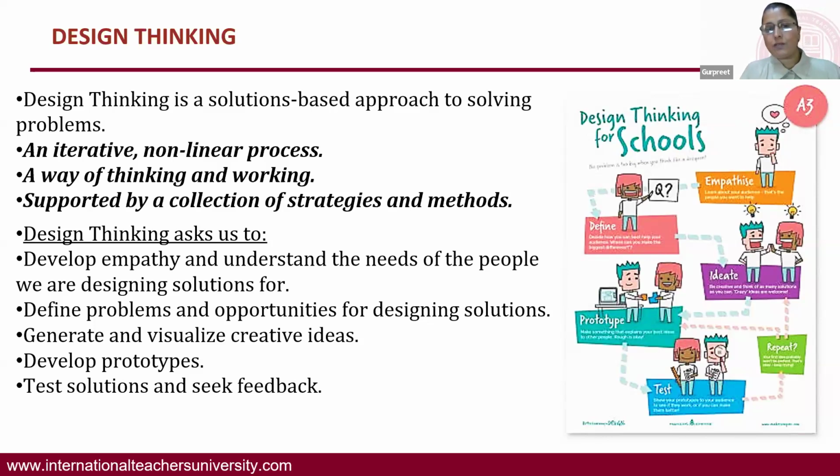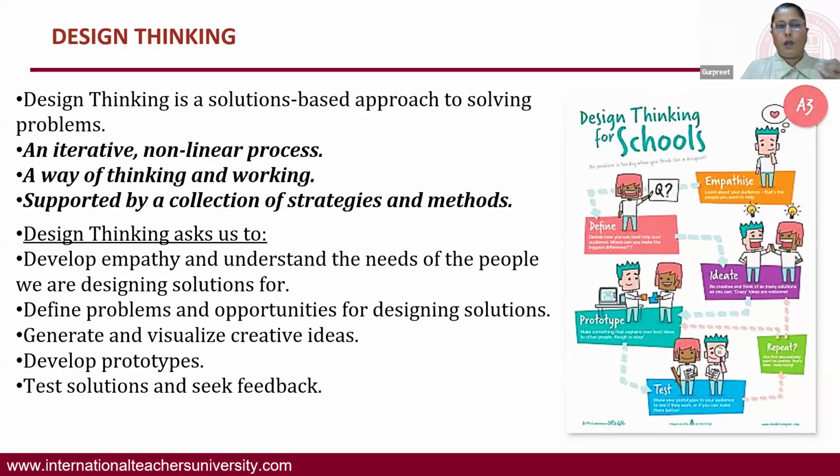And it understands the needs of the people we are designing solutions for. It defines the problems and opportunities. Then it generates and visualizes creative ideas for finding solutions to that problem. Then the users or the students or the learners develop the prototypes.